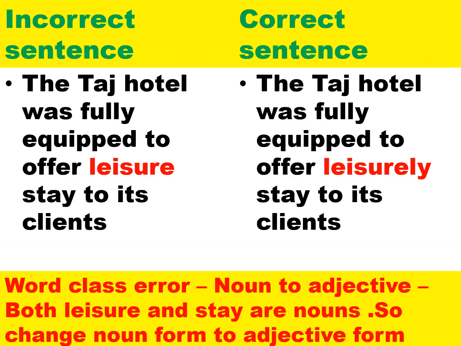The Taj Hotel was fully equipped to offer leisure stay to its clients. So what's the error here? Leisure and stay are nouns. We have two nouns together. This is called a word class error. We must change this noun leisure to an adjective, leisurely.